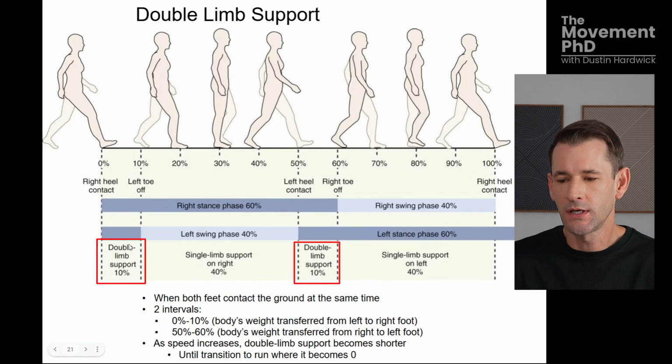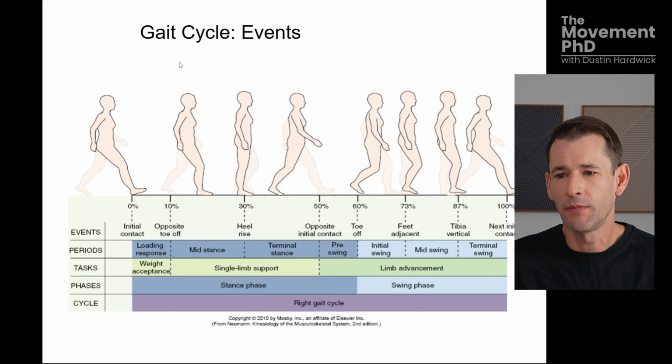This 10% in each of these periods, as we walk faster and faster, that 10% decreases until it reaches 0, when we will automatically transition to running or jogging, which has that flight phase instead of that double limb support phase. Next, we're going to talk about gait cycle events.